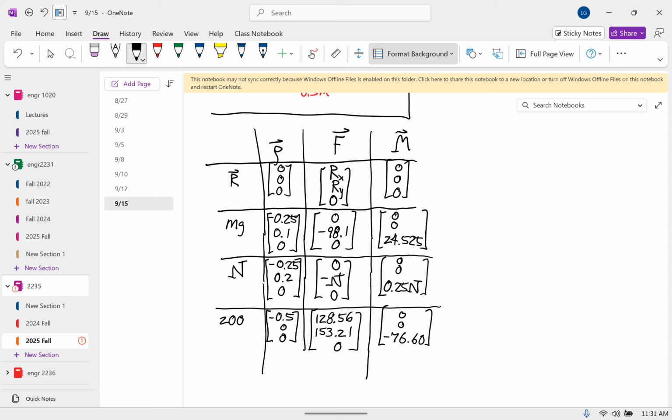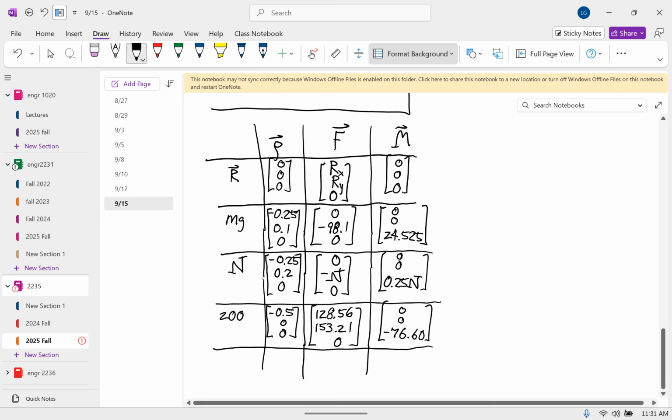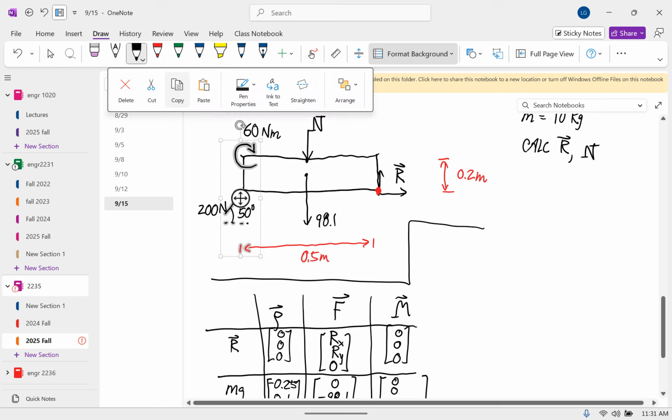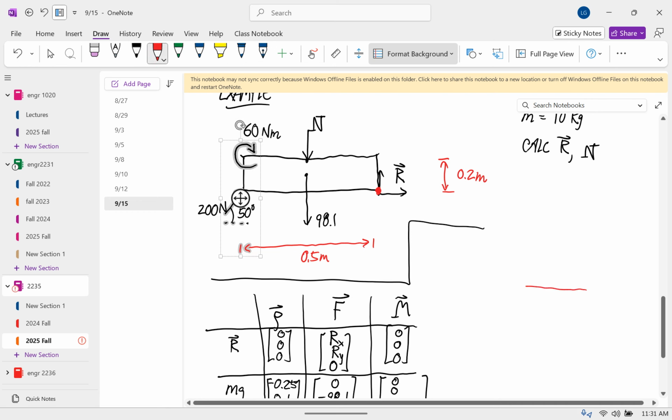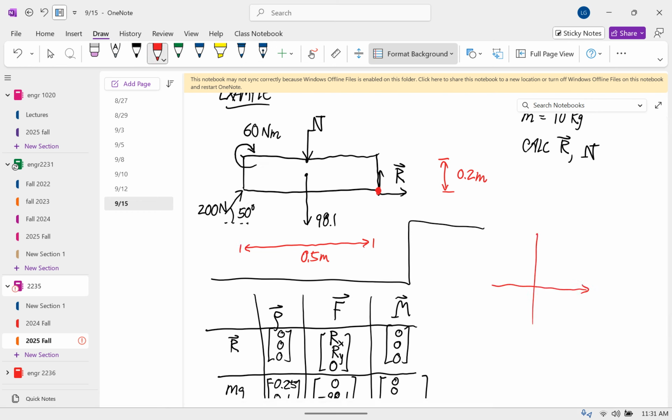Can you explain again how we got the S for the 200? Yeah. So it's this direction if I draw the coordinate system we're using. That vector looks like this.